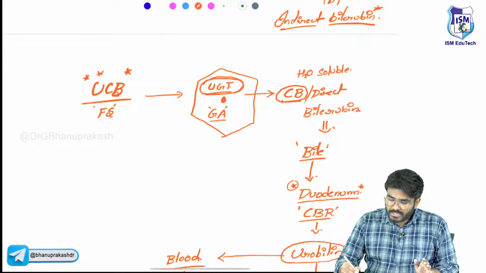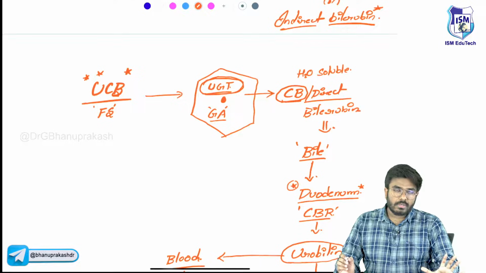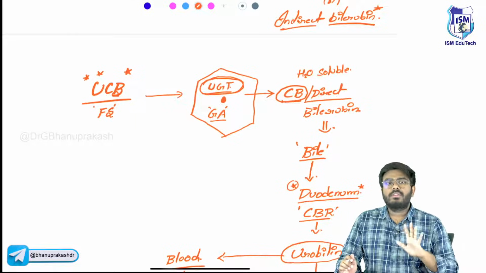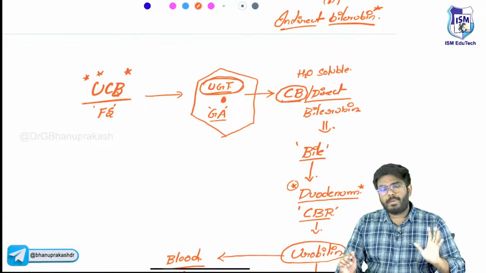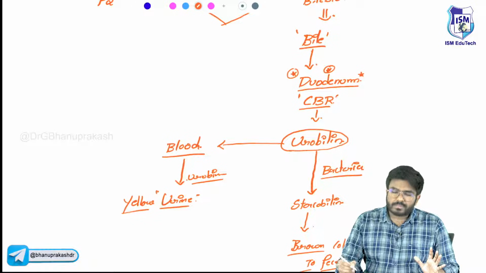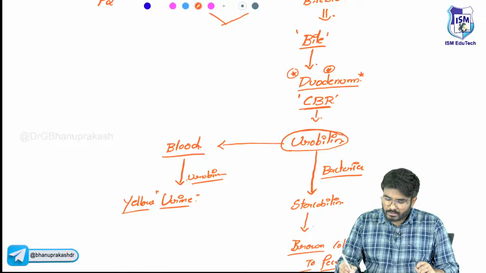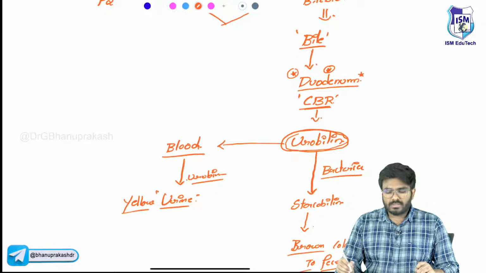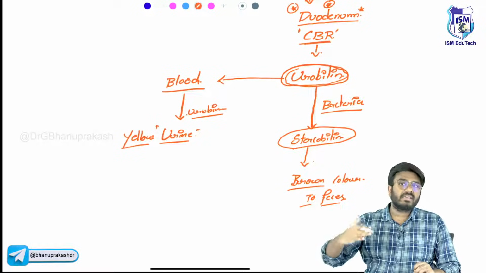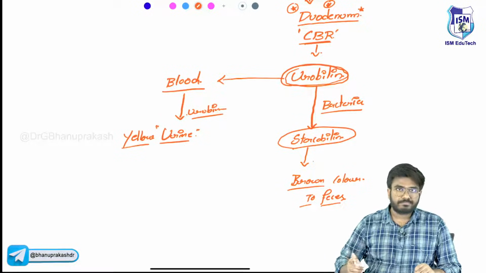This conjugated bilirubin, a water soluble molecule, is thrown into the bile. That's the bile pigment. From the bile it goes to the duodenum, meaning it comes to the intestines. There the conjugated bilirubin is converted into urobilin, and this urobilin is converted into stercobilin. The stercobilin is excreted in the feces. Because of the presence of stercobilin, the feces has a brown color.